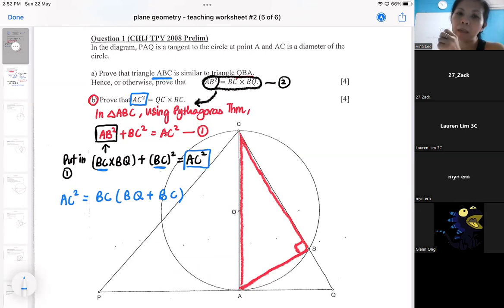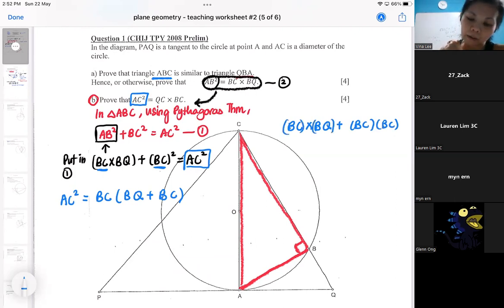Can you see that BC is a common factor? BC square means BC times BC. So from here, this is the common factor.